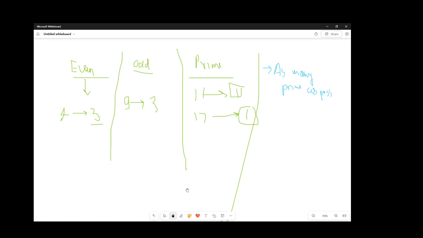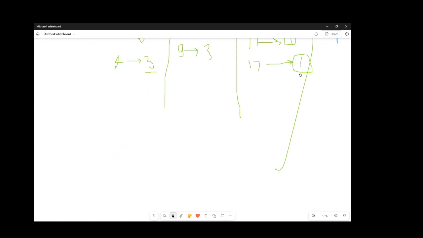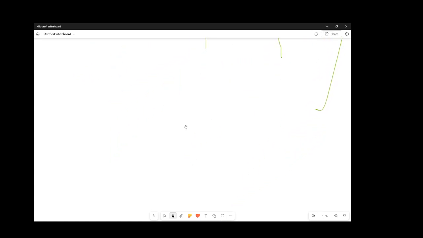Very good observation that we have noticed from here. Now the only thing that would be disturbing us is if the number is not prime.